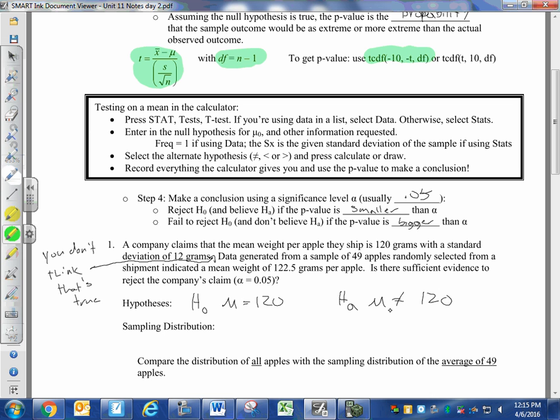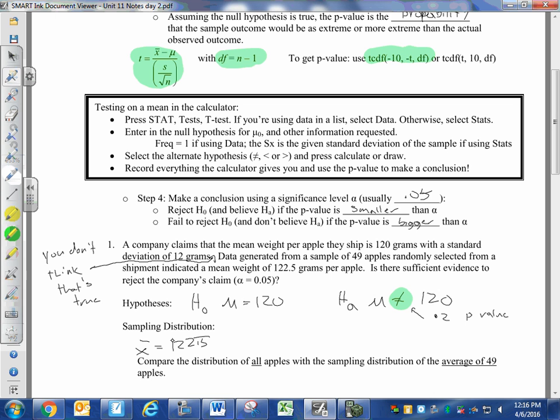Now, we should remember when we have do not equals to, what do we have to do for our p-value? Multiply by 2. So immediately you should be thinking multiply by 2 for the p-value. Now, what's different about this type of significance test from the ones from last unit is that there's not that many calculations that you have to do. You are given the mean weight of your sample. Your X bar is 122.5.